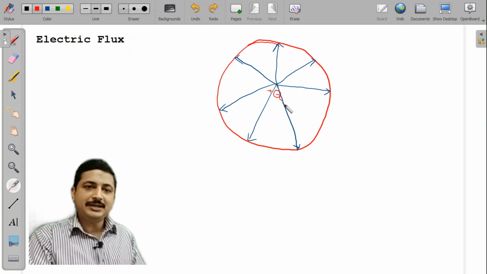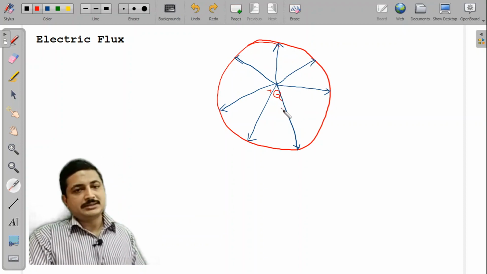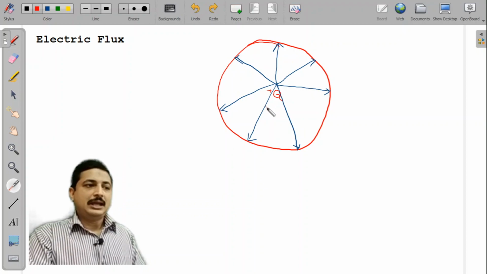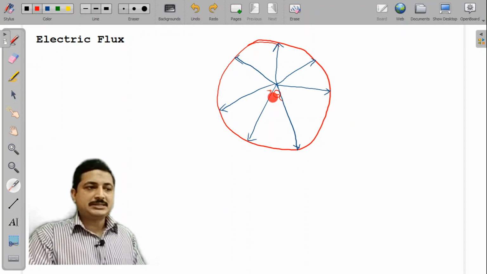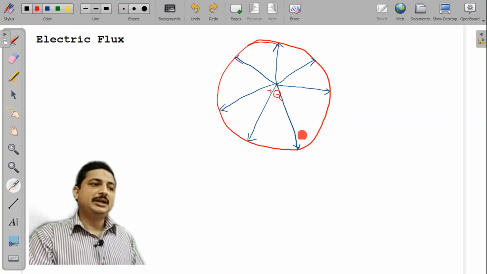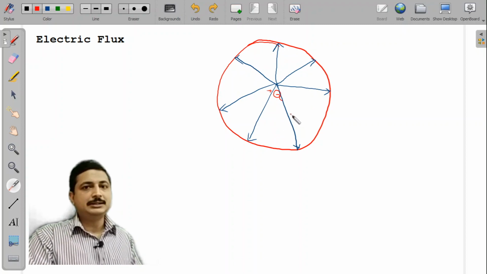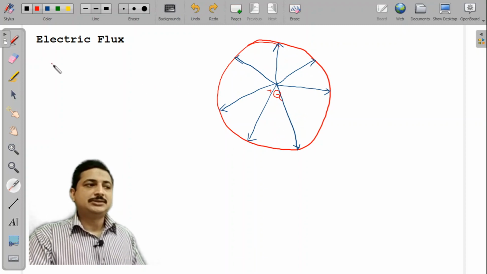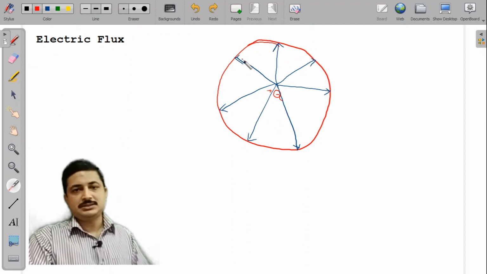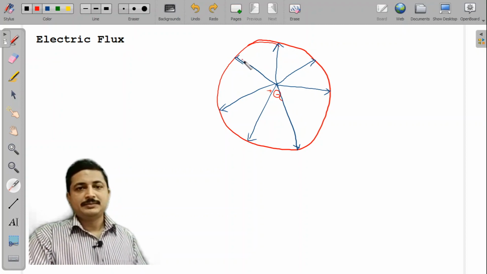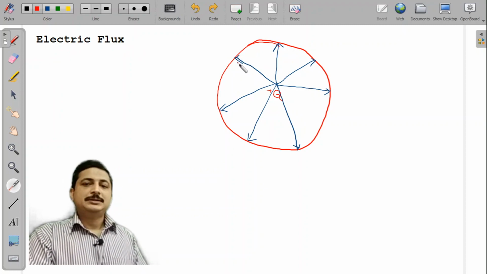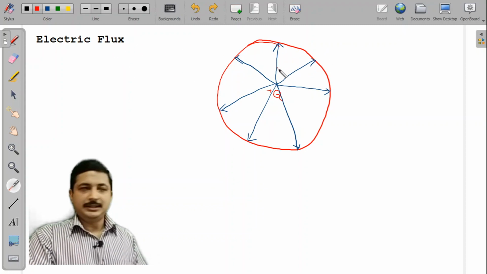These lines of force are known as flux lines, and this is due to a plus Q charge. So, the field which you are getting here is an electric field. That is why this is known as electric flux. I hope the concept is very clear.